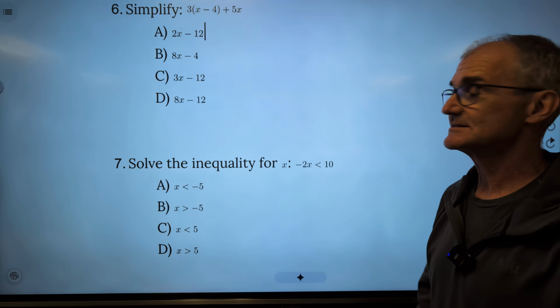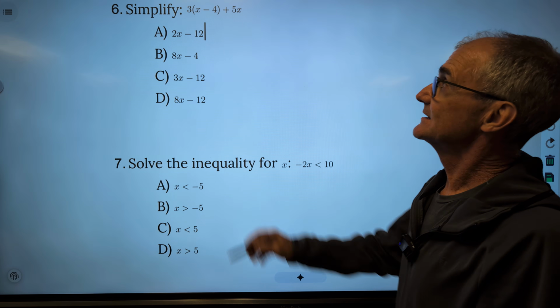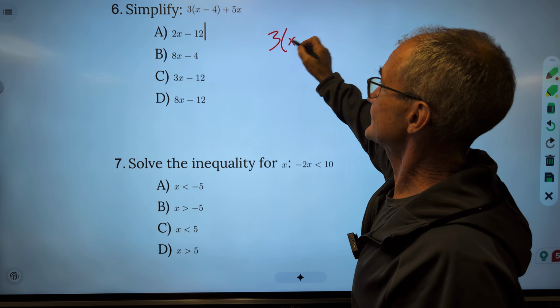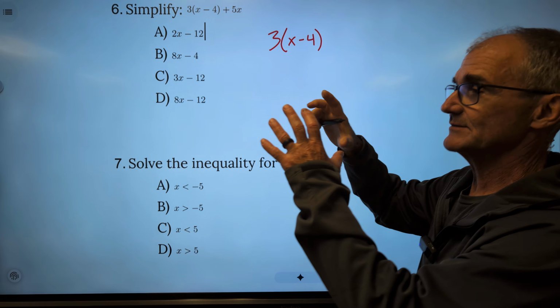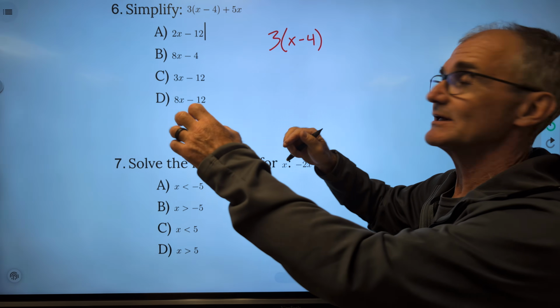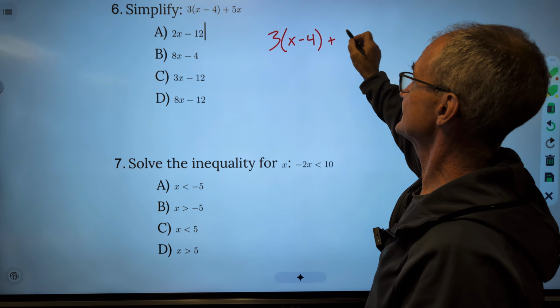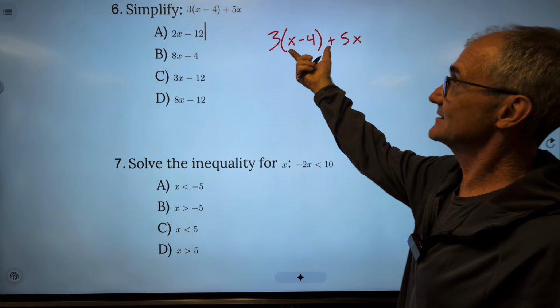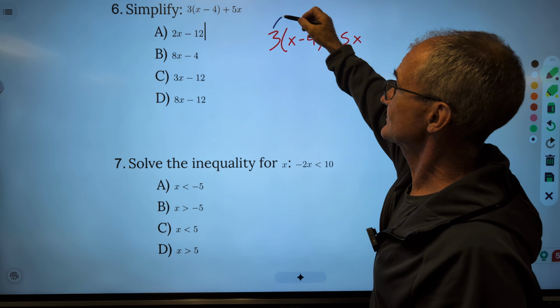The video paused. All right, this thing right here, x minus 4, right? This x minus 4 is the thing by itself. That thing is being multiplied by a 3. So what I need to do here is multiply everything inside of these parentheses by that 3. It's called distribution.